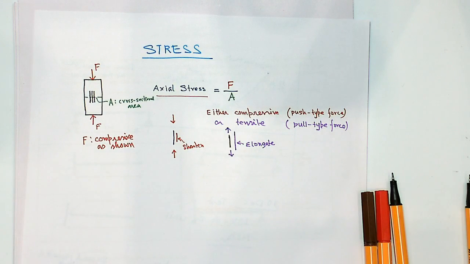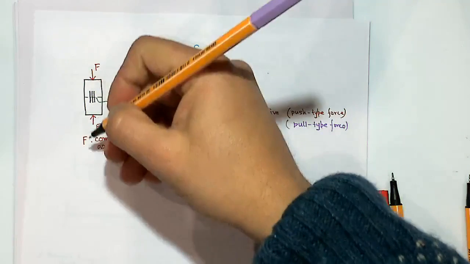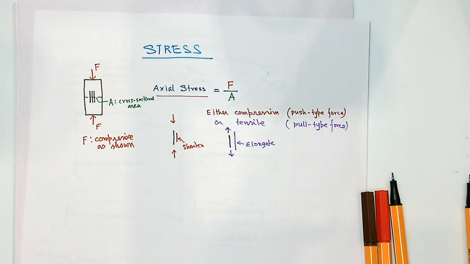So if you imagine the member is made up of lots of fibers, if you pull a tensile stress, each fiber will extend. So the stress acts in the direction of the length, or axial stress.